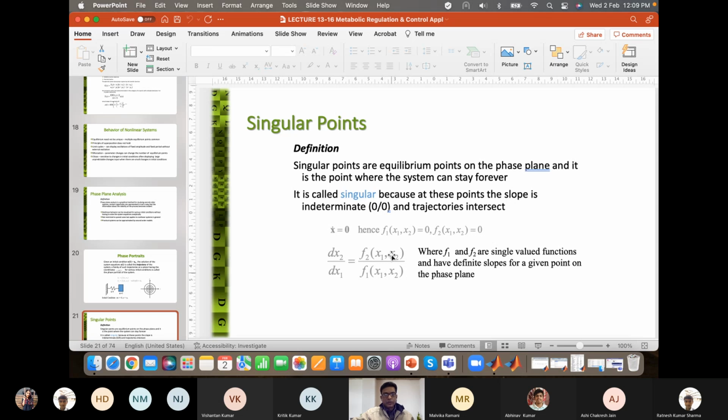You could also do another manipulation: divide the second equation by the first, and you get the ratio of the derivatives of the variables in the phase plane, in terms of the functions defining those rate changes. So dx2 by dx1 would be f2 by f1, where f2 and f1 are functions of x1 and x2.